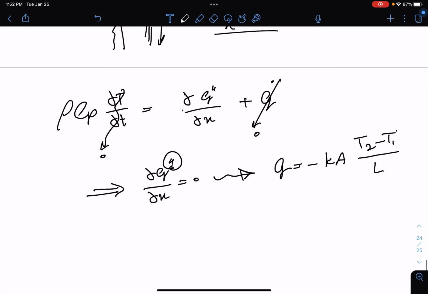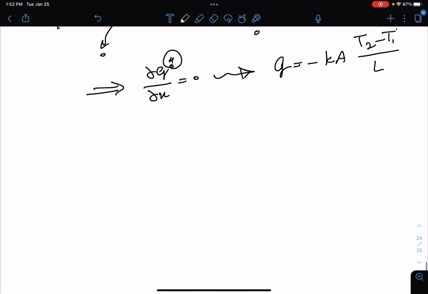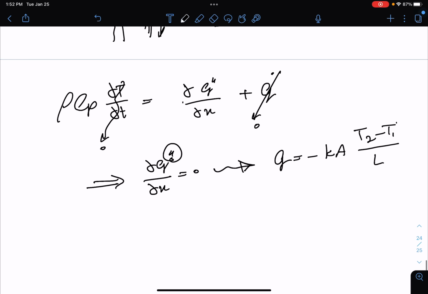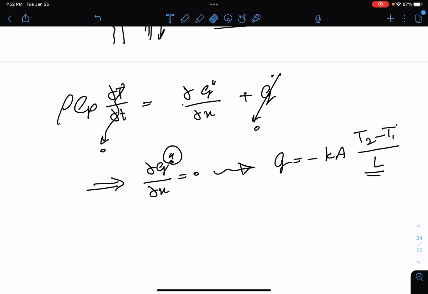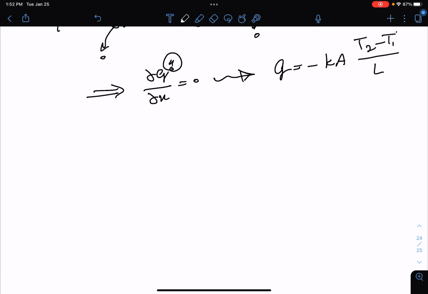L here is the width of the wall. One-dimensional heat transfer. L is the width of the wall? Yeah, your book has this as the width of the wall. That's why I changed W to L, right? Just to avoid any confusion later.